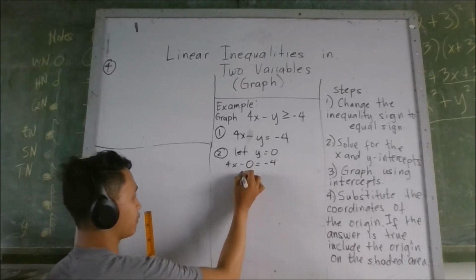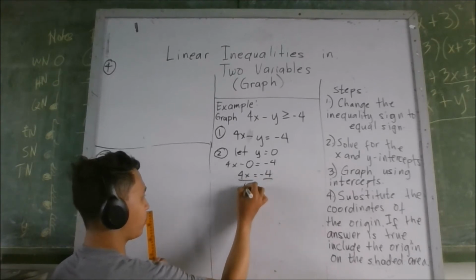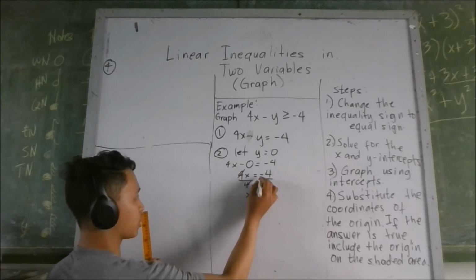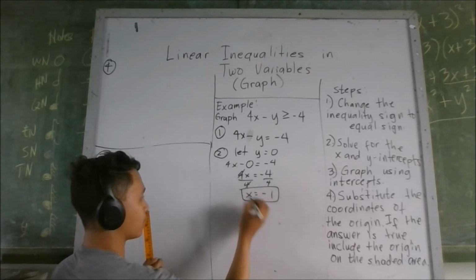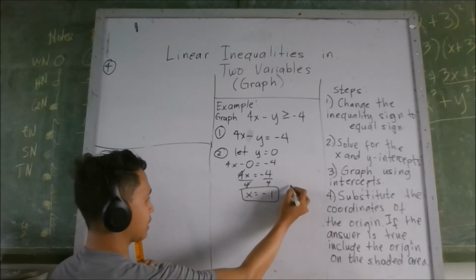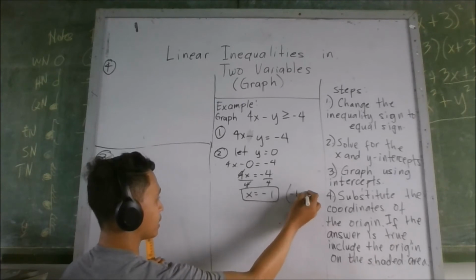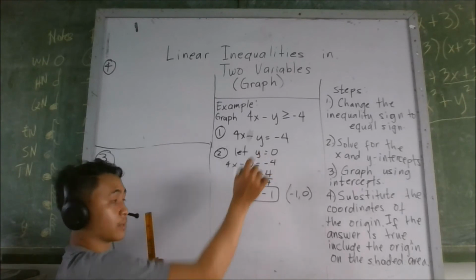So therefore, that would be 4x equals negative 4. Divide both sides by 4. Okay? Cancel, cancel. X would be equal to negative 4 divided by 4 is negative 1. Kuha? So therefore, yung points natin dito or yung coordinates natin dito is negative 1, 0. Kasi nga yung y is equal to 0.